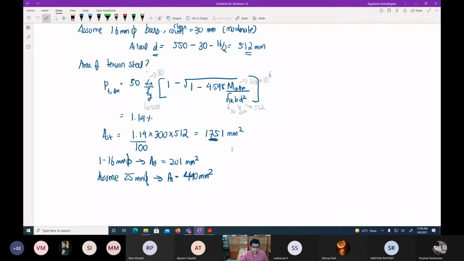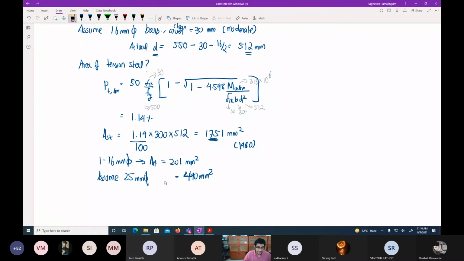If I give too much more steel, you will end up with an over-reinforced section. That also should be avoided. So 4 numbers of 490 becomes 1960. There is a big risk you may become over-reinforced. So in such a case, you will have to be a bit creative.